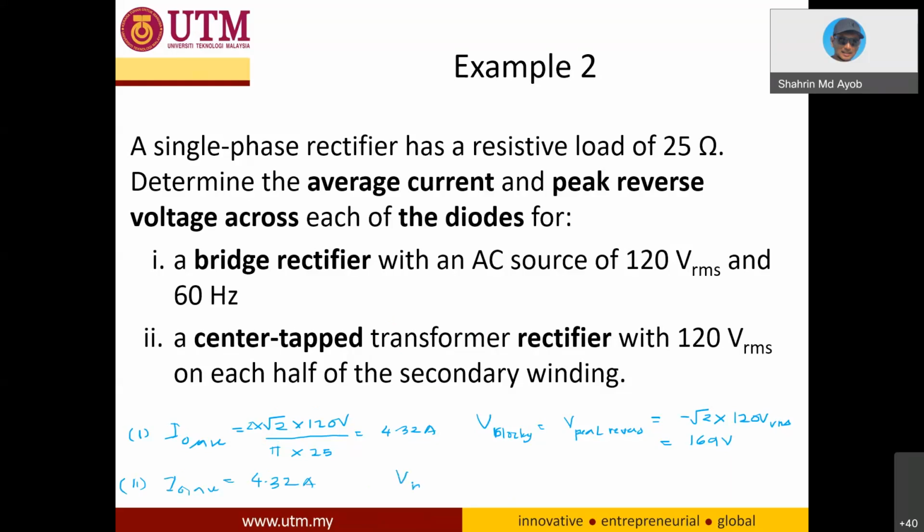But the V blocking or V peak reverse should be twice of 169 volts. Since you are using the same source, so around 340 volts. Meaning that you need to find a diode with a rating of at least 340 volt.